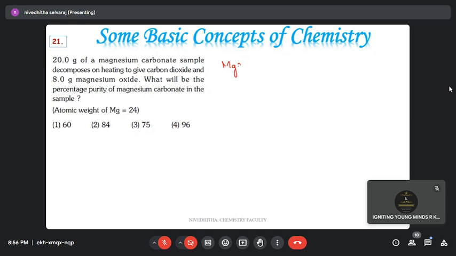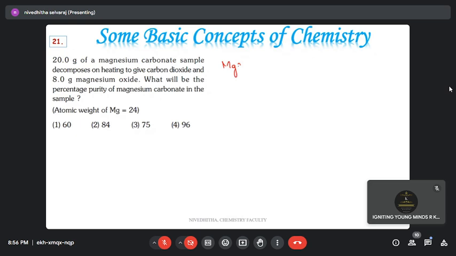Okay. Is it possible for us to solve it? Or shall we solve together now? Okay. So what is the inference? Here, the number of moles of magnesium carbonate is 1.